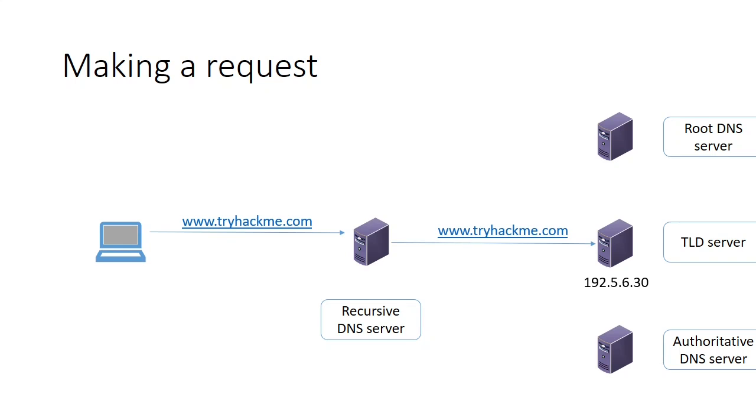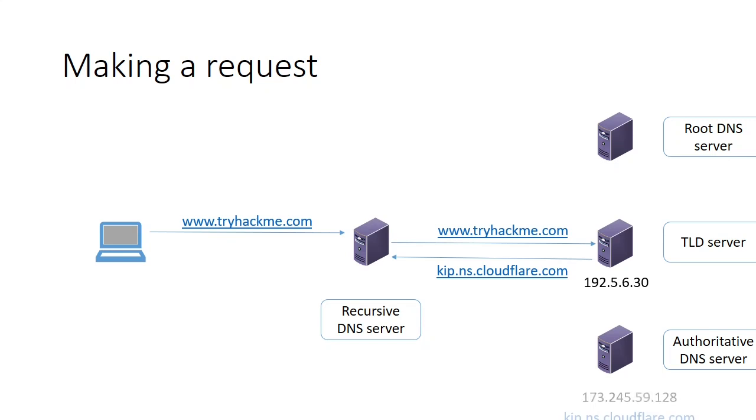The TLD server still doesn't know the IP address for the domain name. However, it does know the IP addresses for the authoritative DNS servers for that domain. So it will tell your recursive DNS server that kip.ns.cloudflare.com is an authoritative DNS server for tryhackme.com.